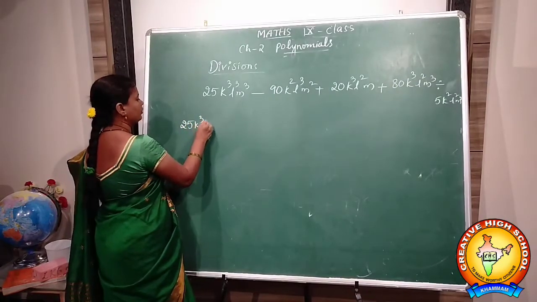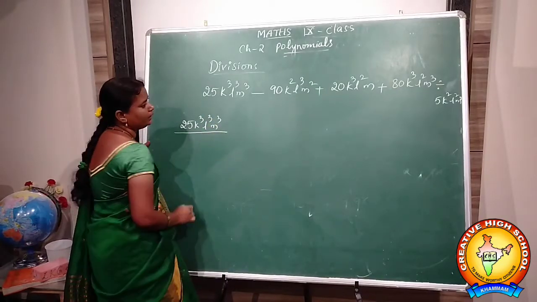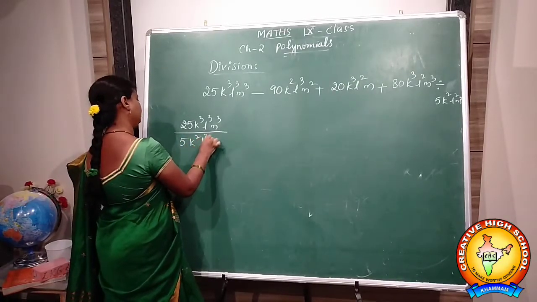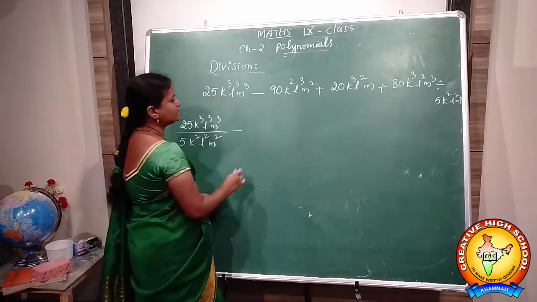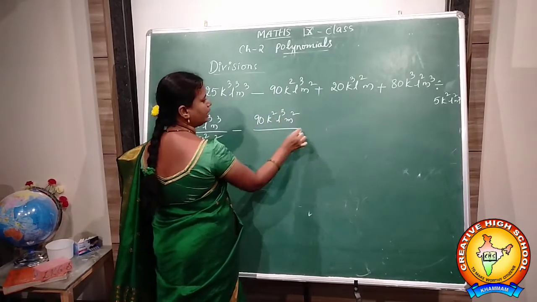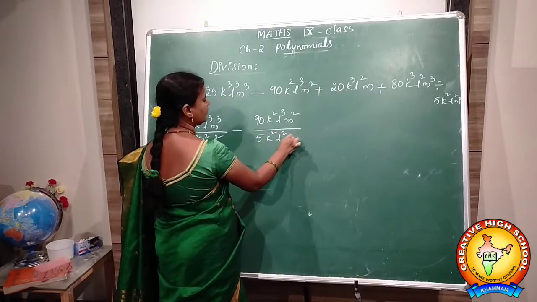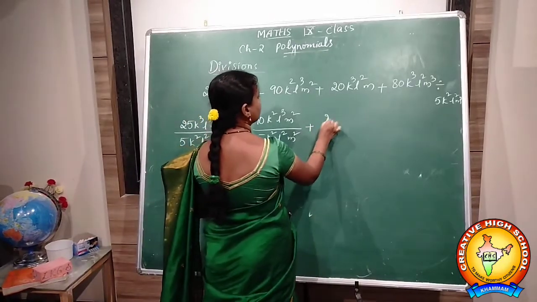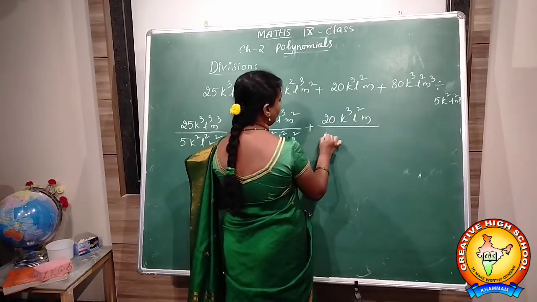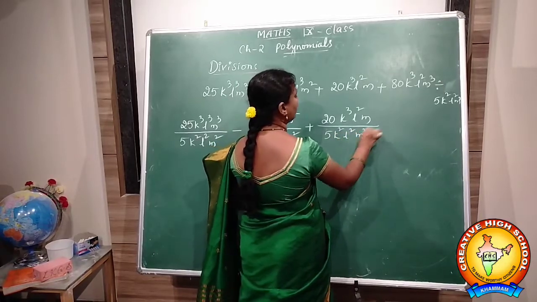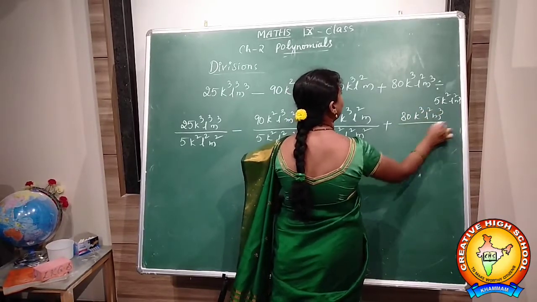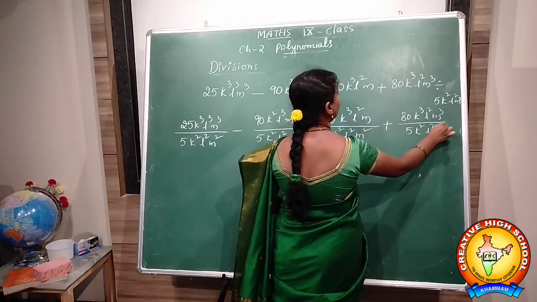25 K cube L cube M cube by 5 K square L square M square, minus 90 K square L cube M square by 5 K square L square M square, plus 20 K cube L square M by 5 K square L square M square, plus 80 K cube L square M cube by 5 K square L square M square.